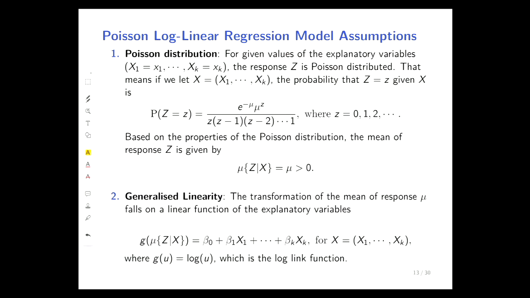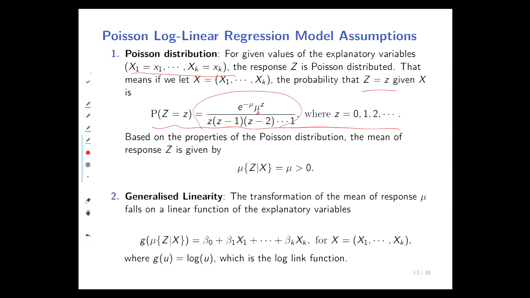You can compare these model assumptions to the binomial logistic regression model assumptions, and you can find some similarities. In this case, we still model the response variable given some value of the explanatory variable. If we consider the explanatory variables as given, then we model the probability of the count Z equal to lowercase z given X in this way. If you still remember, this is the Poisson approximation. By using this distribution, we no longer have the m, we only have mu.